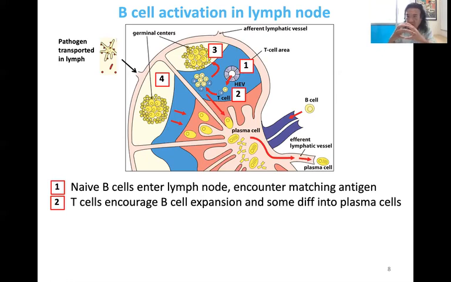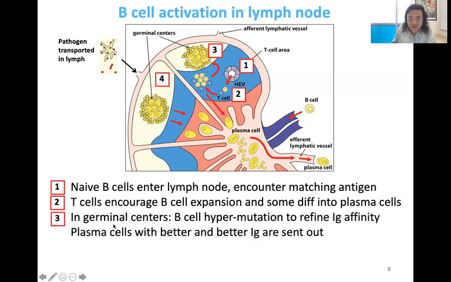So these B cells are now dividing and doing random mutations of their immunoglobulin locus to see if they can come up with more refined, better fitting shapes to actually bind the bacteria. So step 3, in the germinal centers, B cells hypermutate to refine their Ig affinity.